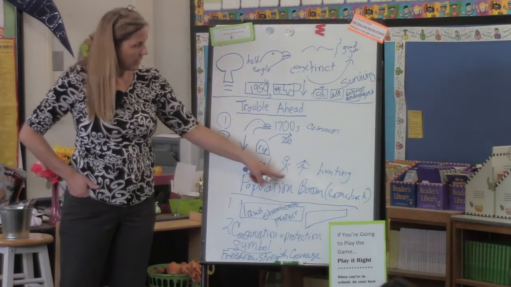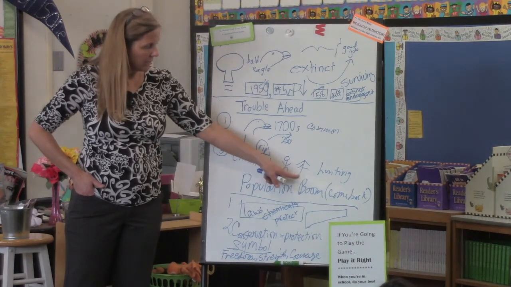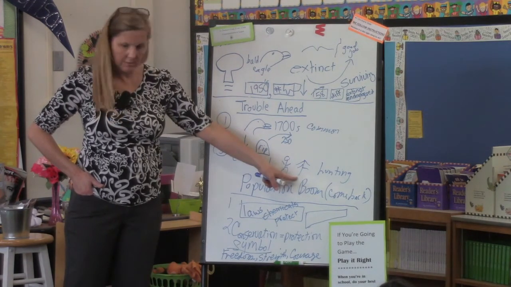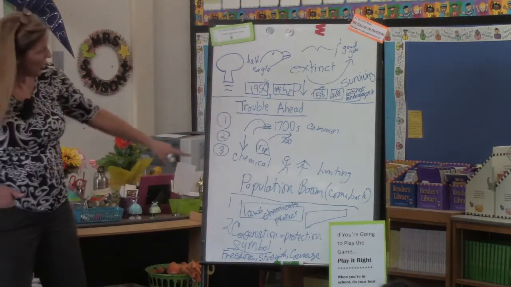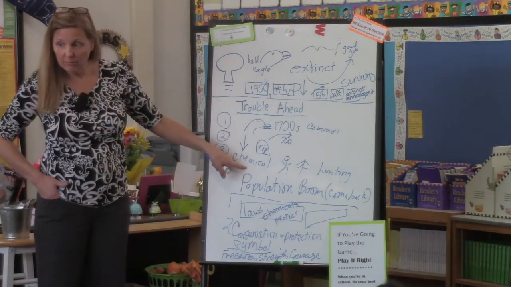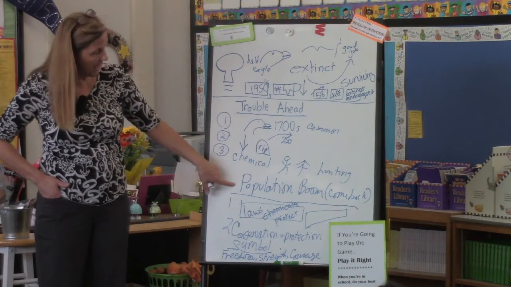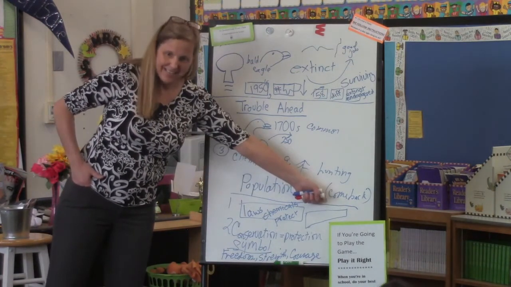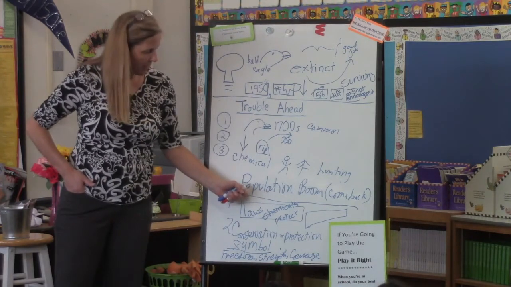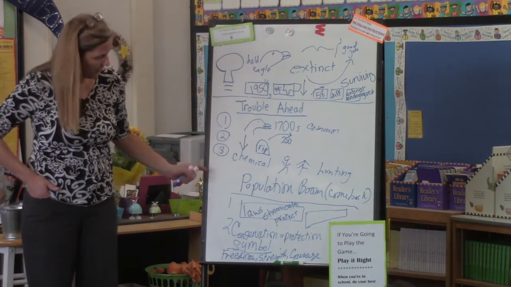The chemicals, people, and hunters. People doing what? People cutting down trees and hunters. Make sure you say it. Killed most of the bald eagles. Okay, ready, go. The population, or what can we call it? There was a great comeback of the population of the bald eagles.